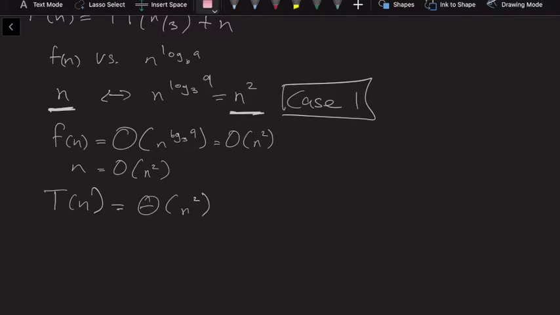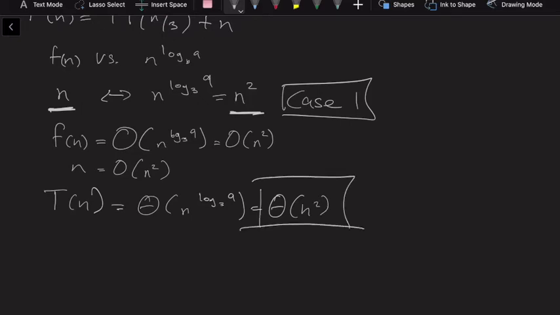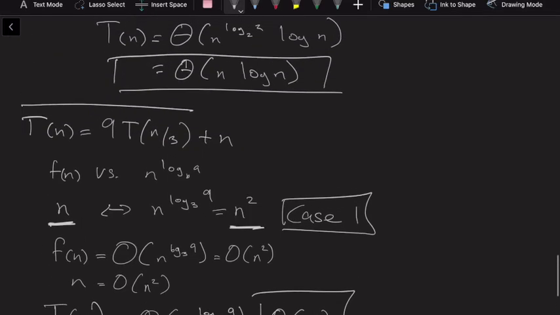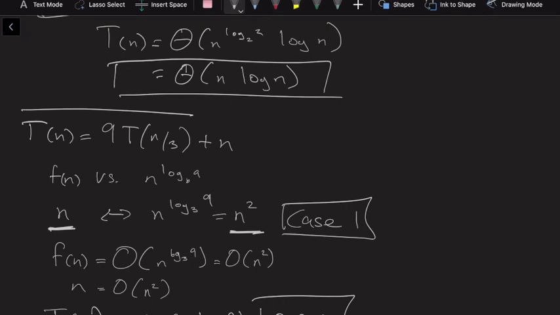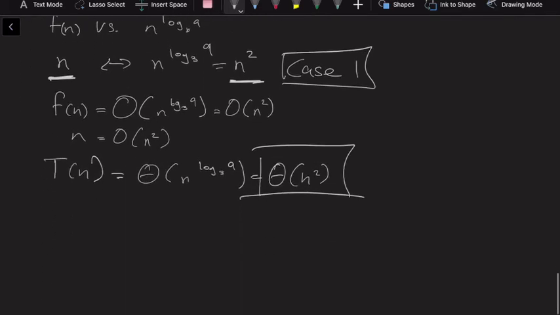Or just to be more explicit, n to the log base 3 of 9, which is theta of n squared. That's the runtime of something that creates 9 subproblems, each one having a third of the size of the problem. So if we have a situation like that, we know that our runtime is going to be n squared.